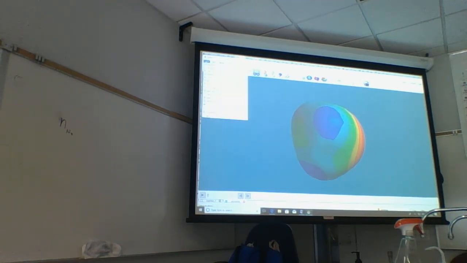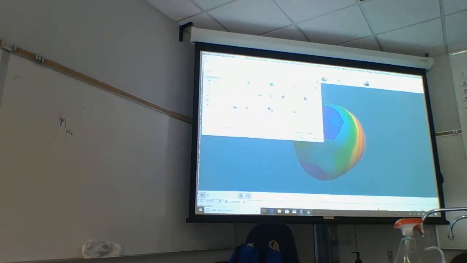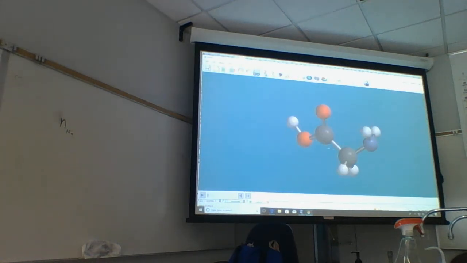For example, if we want chains, the calculation takes a little bit of time. So this is chains here, right? This is glycine. We did glycine in class, if you recall.